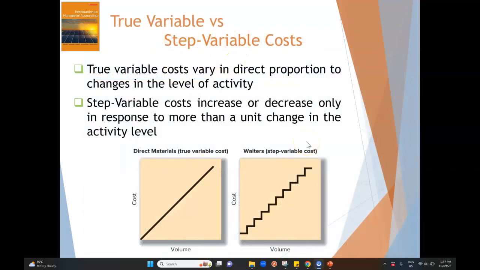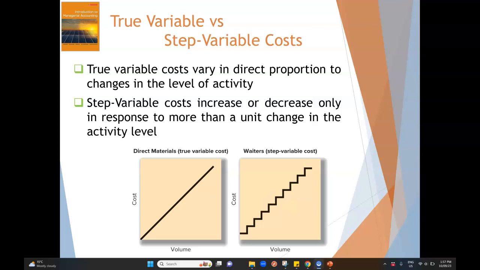True variable versus step variable costs. True variable costs vary in direct proportion to changes in the level of activity. Step variable costs increase or decrease only in response to more than a unit change in the activity level. Direct materials are a true variable cost.